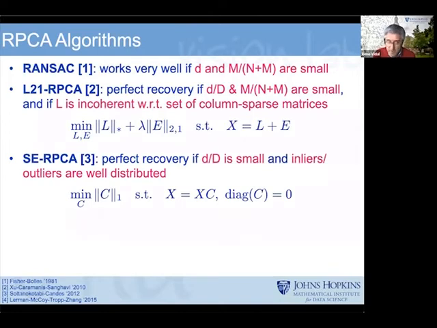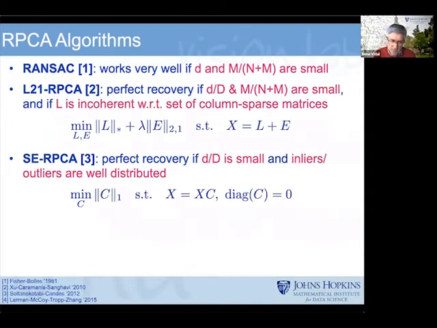while outliers might require many data points if you try to express them as linear combinations of other points in the data set. So the idea is that if you take a point, express it as a linear combination of other points, and then search for sparse representations, then the inliers will have a sparse representation, but the outliers will not.